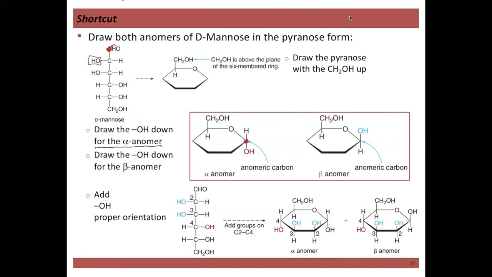And since that OH is off to the left, if we drew that lane down, that OH would be up. The next OH in the blue box is also to the left, which means it's also up. The next OH is to the right, so it would be down.